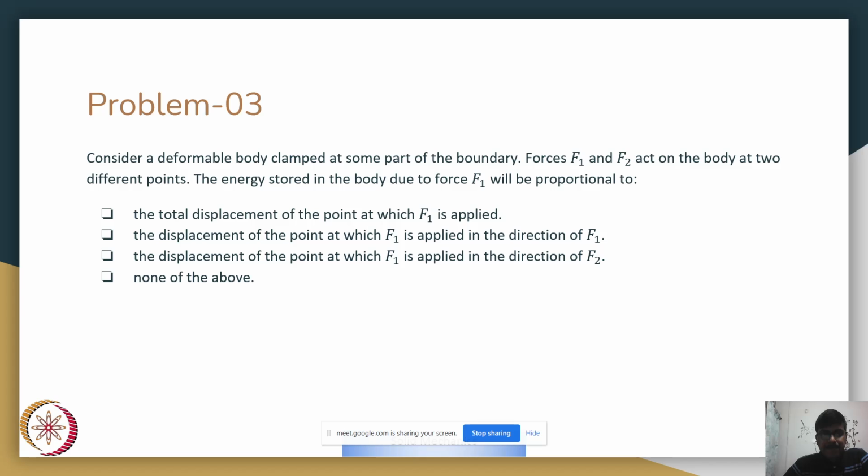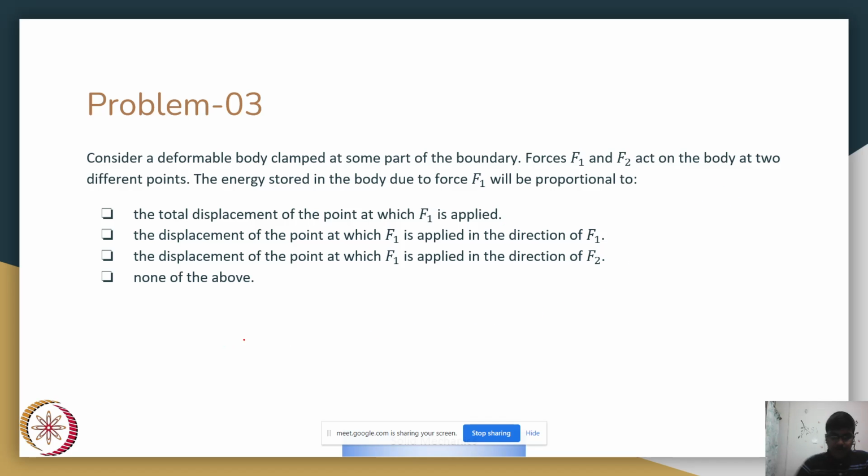The third problem. Consider a deformable body clamped at some part of the boundary. Forces F1 and F2 act on the body at two different points. The energy stored in the body due to force F1 will be proportional to... Okay, so we are asked about a deformable body.